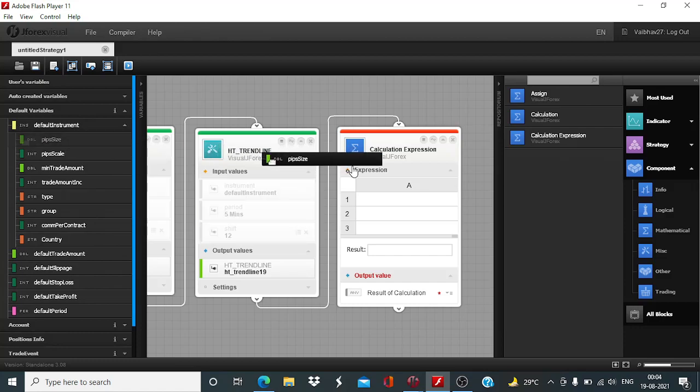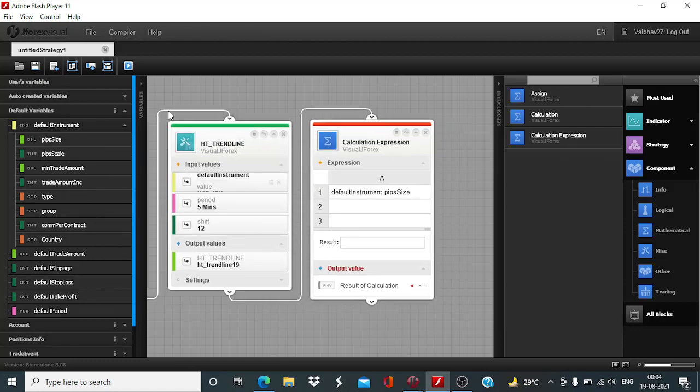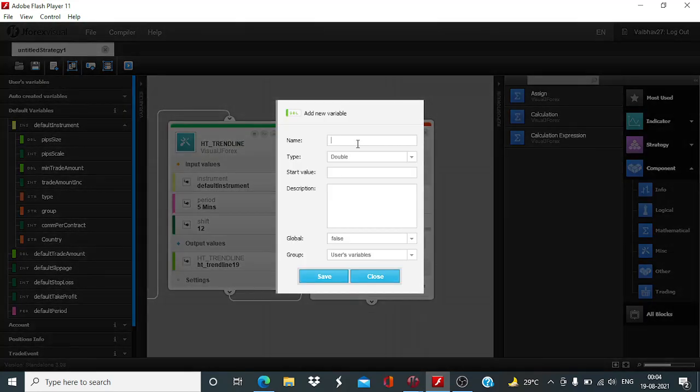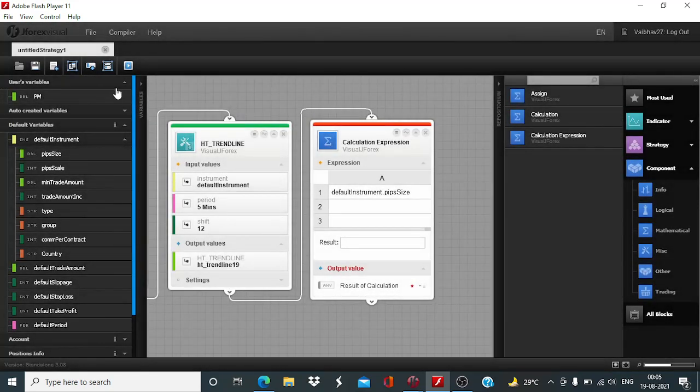Default instrument pip size multiplied by a new variable with the value of 10, and this will be A1 into A2.